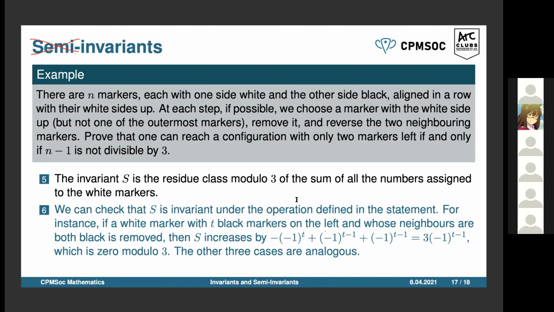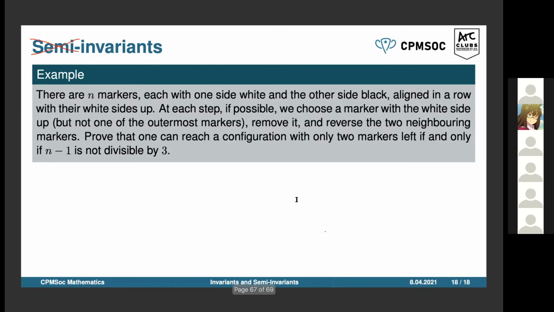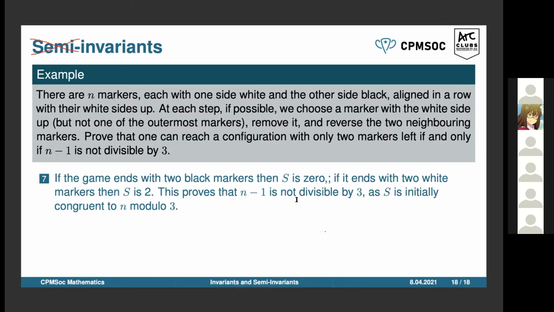And here we're breaking it down into the 3 cases where you have both the same color, so both black, both white, or different colors. And of course, there's 3 possible values for the invariant.